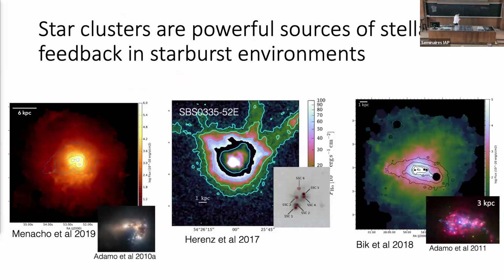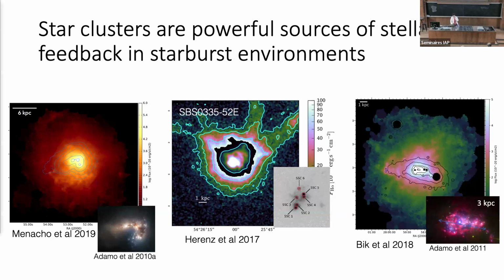So I think also, if you think of M82, with this beautiful outflow on the disk, we are all aware that this outflow is coming from a region that is very compact, a few hundred parsec, where a cluster of 10 to the 5, 10 to the 6 solar masses has formed. And we see this ubiquitously where we see outflow, and we can look inside the galaxy and resolve the stellar population.